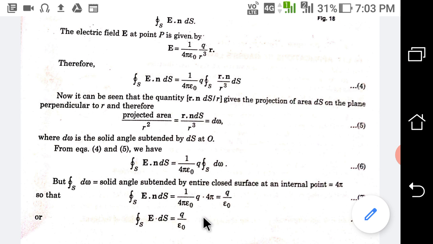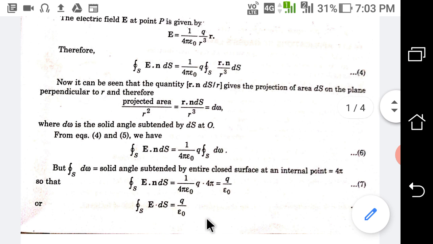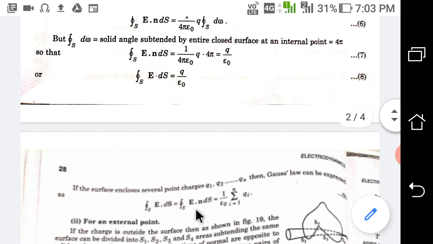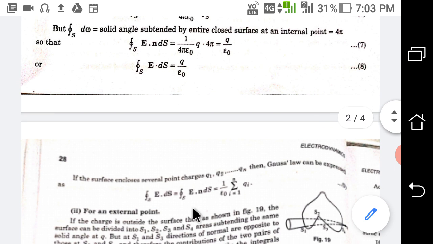So substituting this value of 4 pi, we get the surface integral over the closed surface of E dot ds equal to q upon epsilon naught. Now this is the Gauss law.